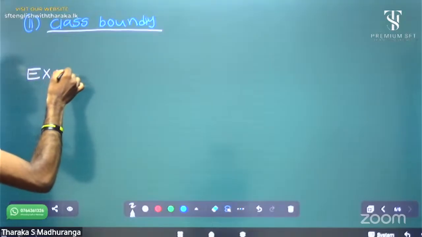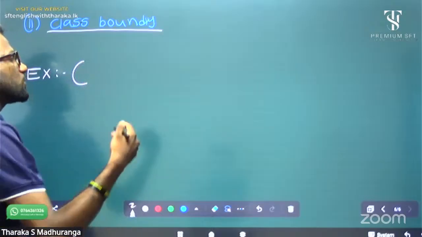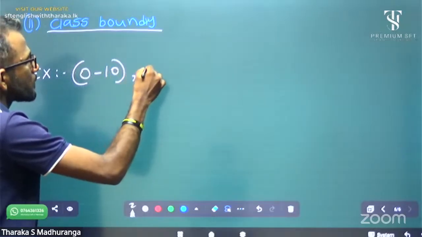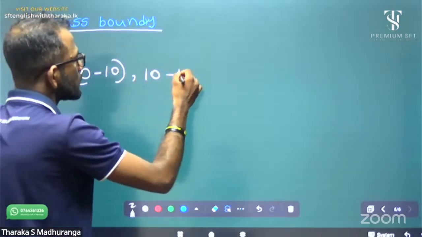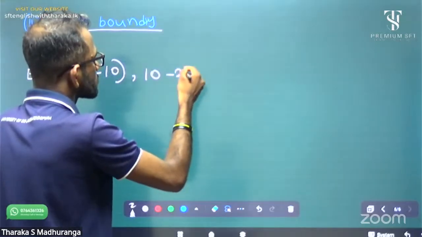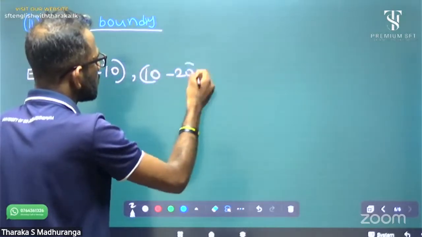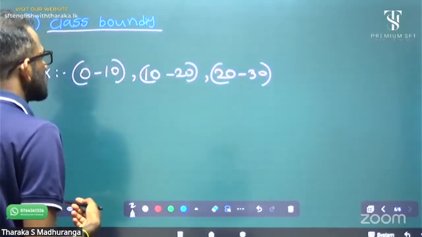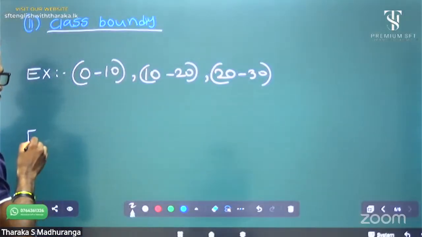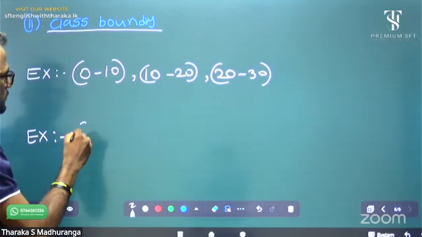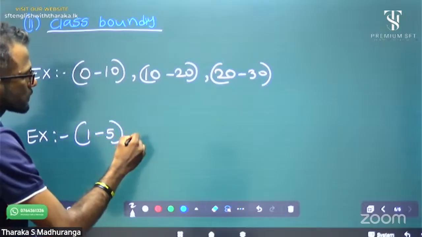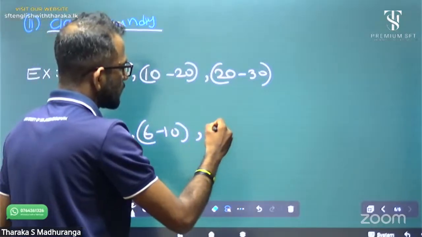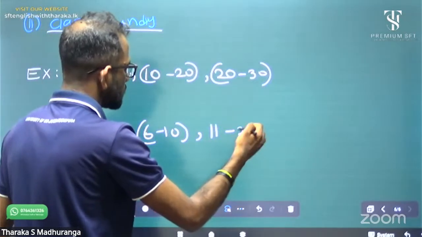Our previous example, if it is continuous: 0 to 10, 10 to 20. If you have a discrete example: 1 to 5, 6 to 10, 11 to 50.